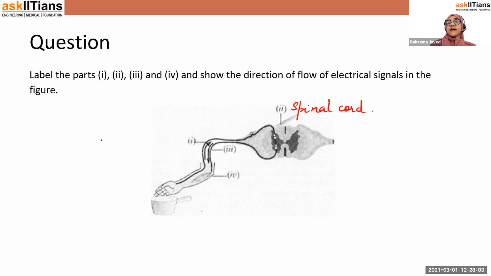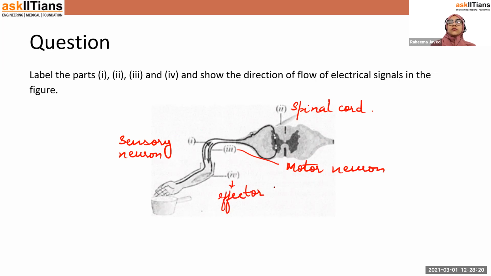First part is a sensory neuron. Part 3 is a motor neuron. And part 4 is the effector organ. Then it is from sensory to the spinal cord, from spinal cord to the motor neuron to the effector organ. This is the direction of flow.